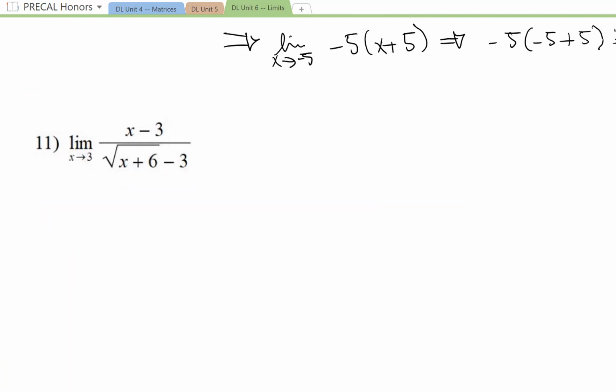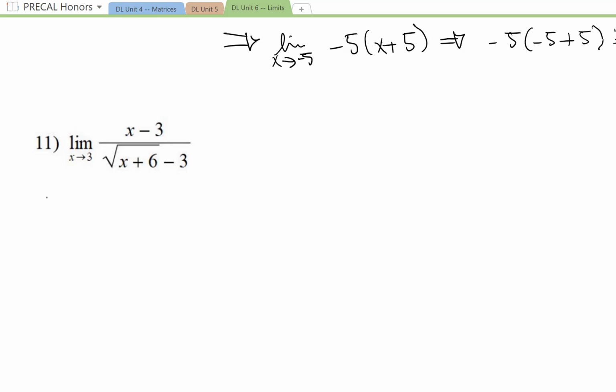A rational expression with a radical, and then you can't use direct substitution? Oh no. So in this case, we're going to rationalize the denominator, see if that helps us. In other cases, we rationalize the numerator. Just can we rearrange it in any way to be able to direct substitute?